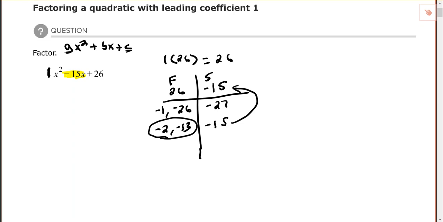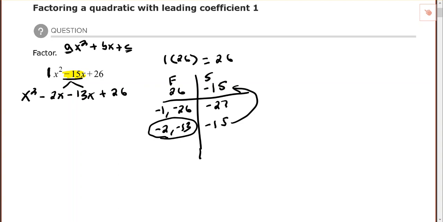Because negative 2x plus negative 13x is the same thing as negative 15x. So the 1x squared stays like it is. I'm going to rewrite the negative 15x using those two factors that we just came up with. And then the 26 stays like it is, positive 26. So the only thing that I did there was split up the negative 15x into those two factors.